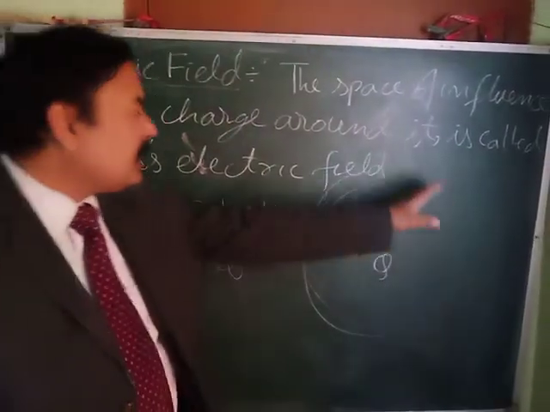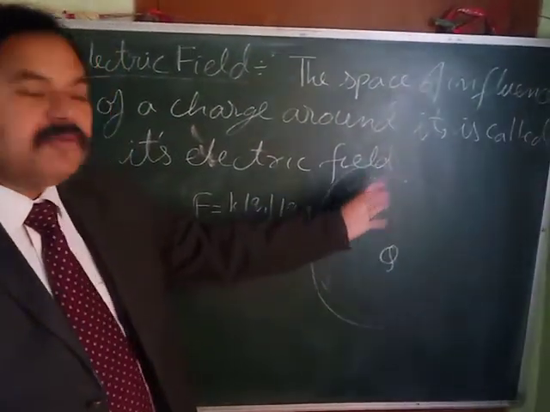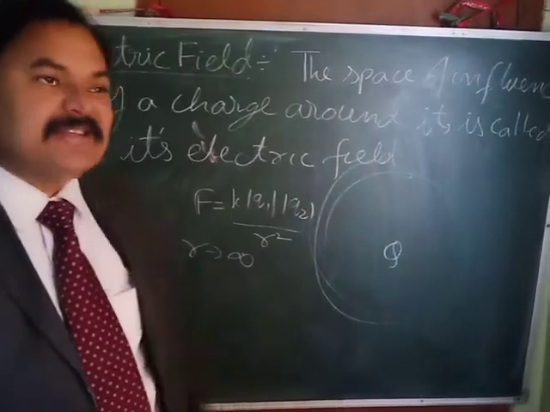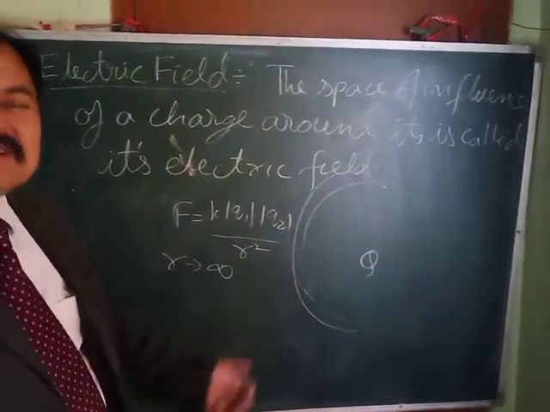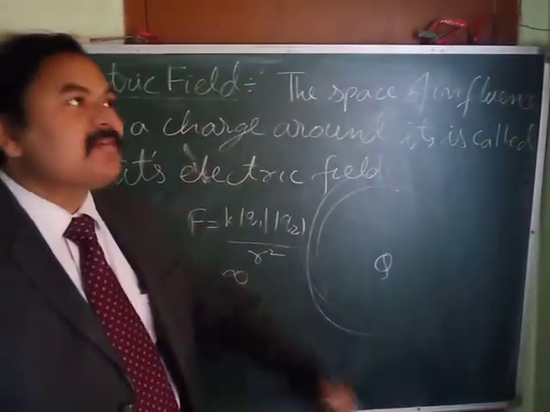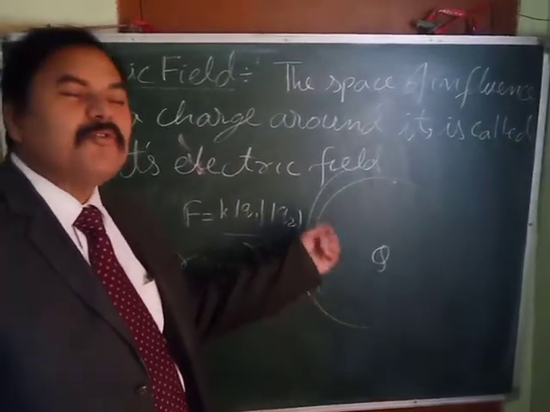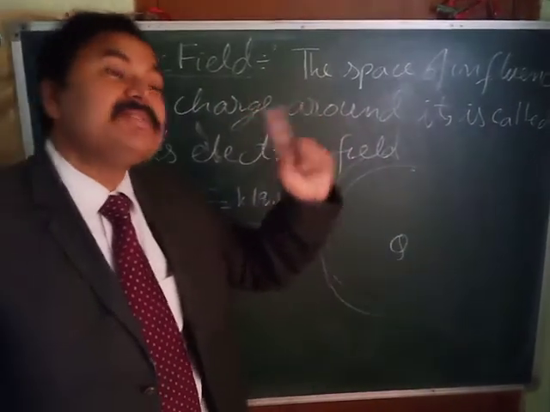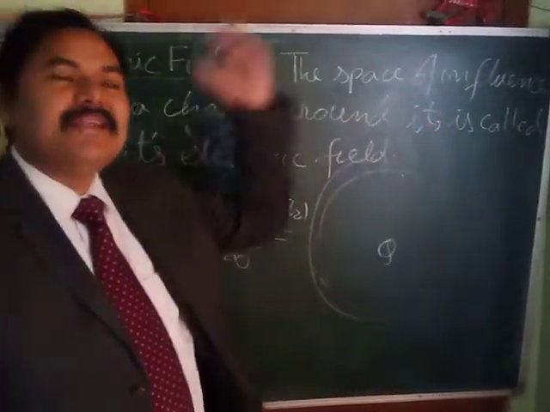So the space of influence of the electric field is not limited up to a finite distance, but it is up to an infinite distance, because force never becomes 0 unless the distance becomes infinite. That means it acts up to a very, very long distance, although the magnitude of force keeps on decreasing and becomes very negligible, but then also it doesn't become 0. And that's why field is extended till infinity.